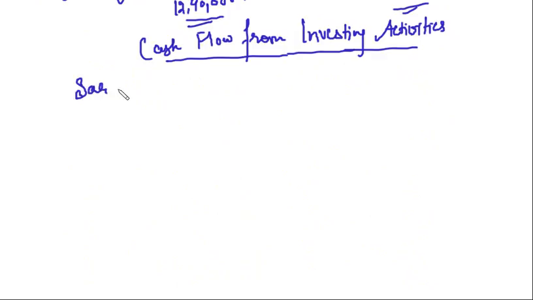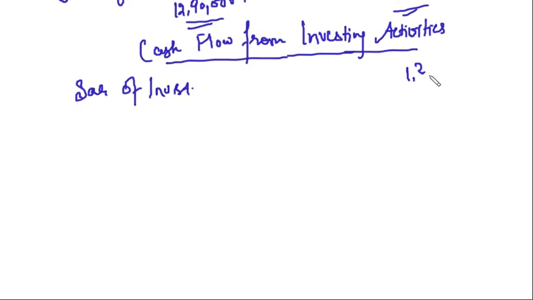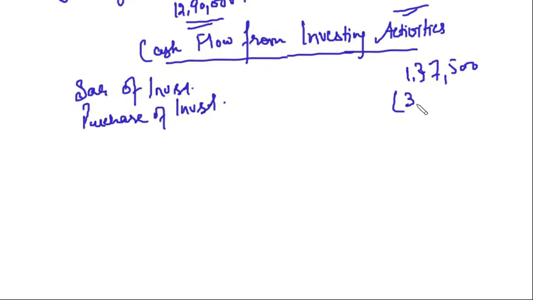So I will write sale of investments. Sale of investments is for 1,37,500. Then purchase of investment is for 3,75,000.